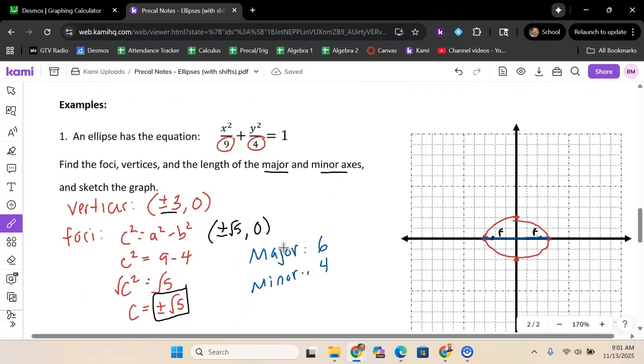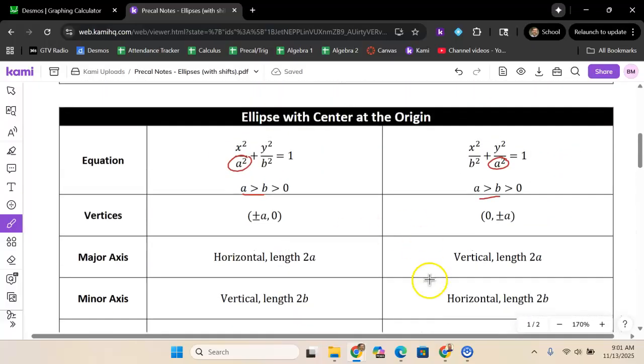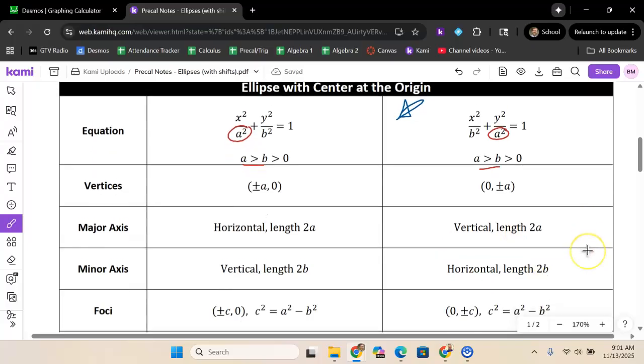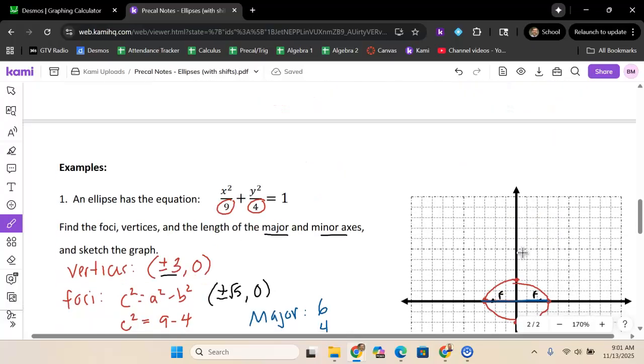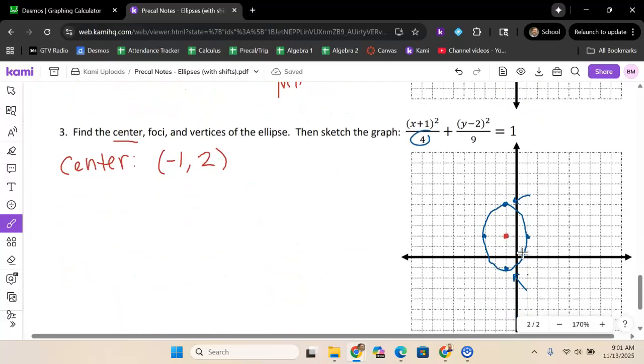If you're using the chart on the front of the notes, again, we're looking here this time because it's stretched more vertically. And the vertices are 0, plus or minus a. Really what you're doing is you're taking the center and adding to that 0, plus or minus what was my y stretch? It was 3.